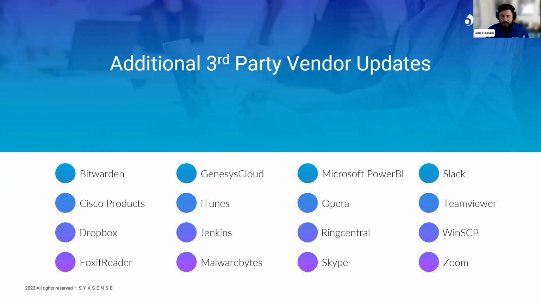Dropbox, Foxit Reader, Genesis Cloud, not one that I typically discuss, but it was affected as well by the WebP vulnerability. iTunes, Jenkins, Malwarebytes, Power BI from Microsoft, Opera, again, another WebP victim, RingCentral, Skype, Slack, TeamViewer, WinSCP, and Zoom. And there are a few others as well, like mentioned earlier, that I didn't throw on this slide because I just mentioned them, like 1Password, GIMP, Inkscape. They all received updates as well due to the WebP vulnerability.